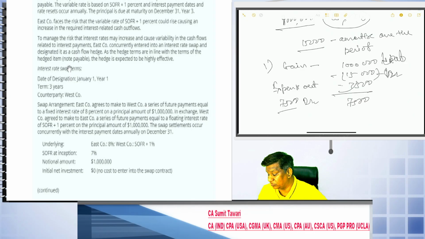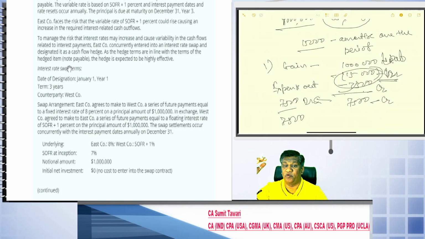The 15,000 is a debit balance, and the 7,500 we need to credit, and the corresponding amount we recognize in P&L. The next year again we reduce this value and recognize 7,500 in P&L. So this amount we need to amortize over the period.